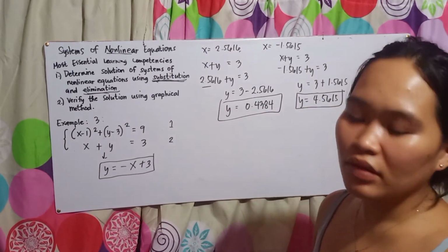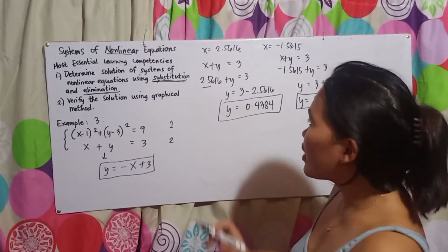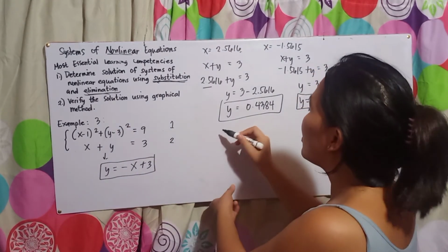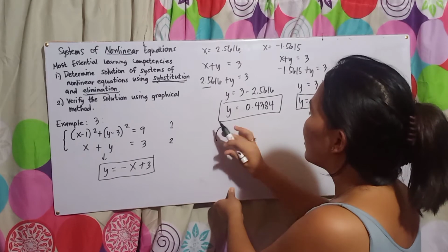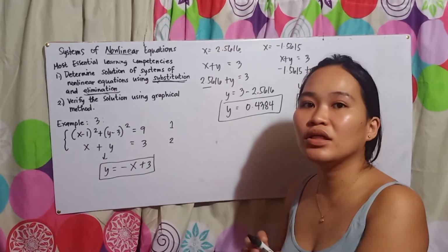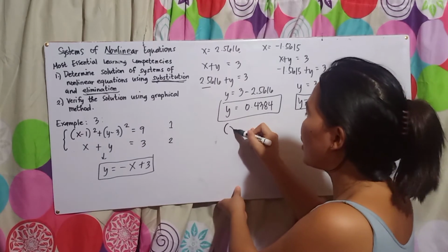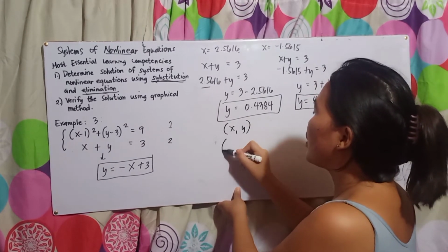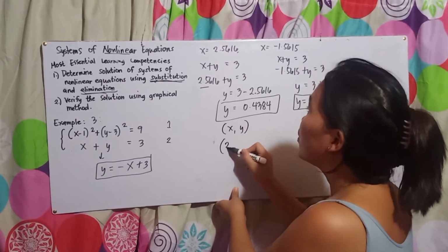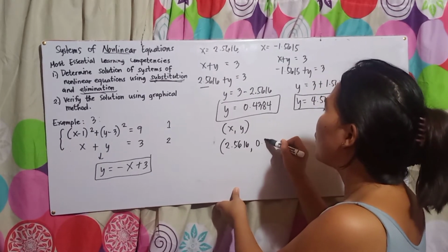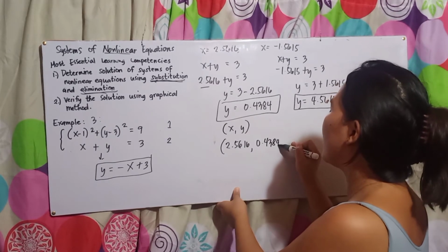So, ordered pair, kung asa sila mag-intersect, ang duha ka equation. Di ba sa Cartesian plane, para i-plot sa Cartesian plane, kay ingunani man ang form, xy. So, ang x is 2.5616, ang y, 0.4384.